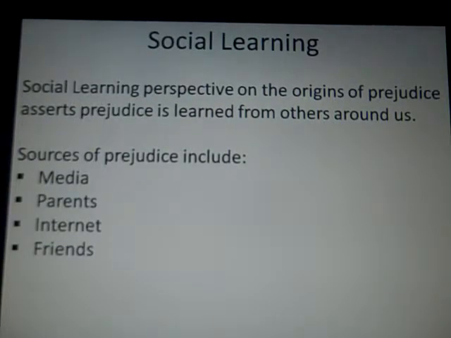Social learning. This is the next category. The social learning perspective on the origins of prejudice asserts that prejudice is actually learned from others around us. I never will forget being in college watching an episode of Jerry Springer, and there was a child, he couldn't have been more than 2 years old. He was standing on the stage, and he was a member of the Klan, and he had on the costume, if you will, and was espousing hatred for women, for African Americans, for Jews.